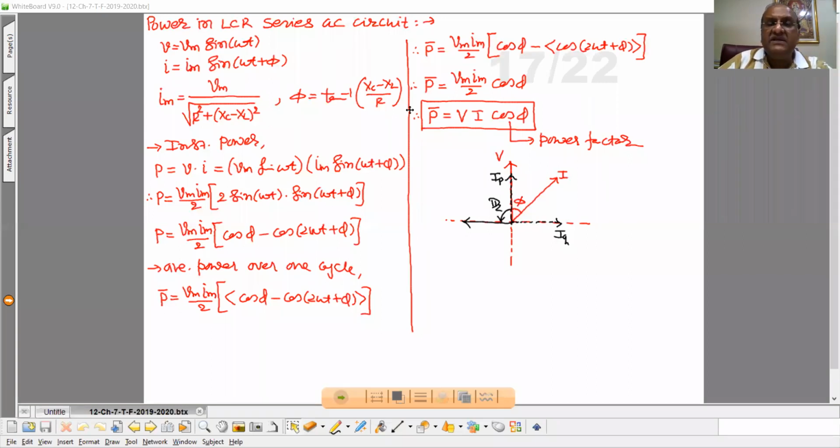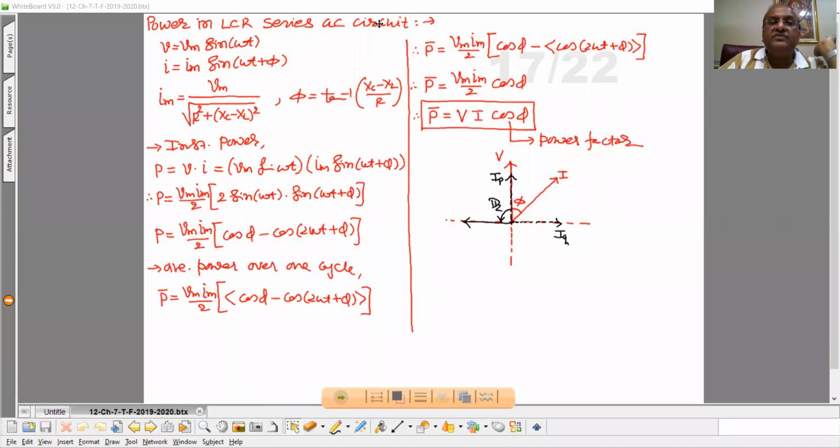And when the resonance takes place in the circuit, at that time XC equals XL. So in that case, again here, phi will be equal to 0. And when phi is 0, cos 0 is 1. So power dissipation will be maximum. And that is V into I, or we can write I square Z. But in this case, Z equals R. So we can write simply I square R also.